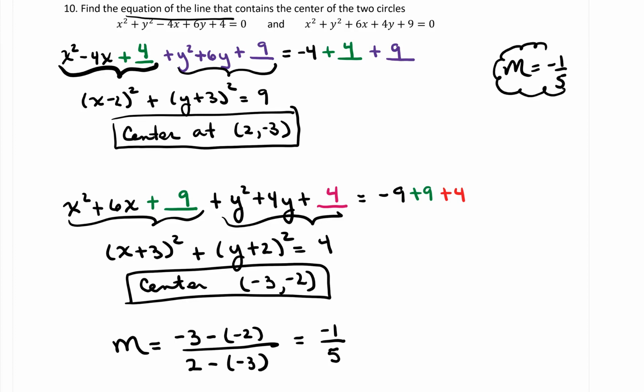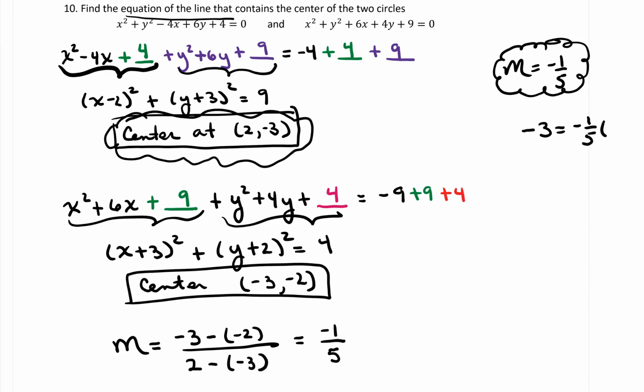And we want to use one of our points to find the equation of the line. I'm just going to use my first point, and I'm just going to plug this into y equals mx plus b. And so if we do that, our y value is negative 3 equals our slope, negative 1/5, times x, which is 2, plus b. So I get negative 3 equals negative 2/5 plus b. Getting b by itself, I would add 2/5 to both sides, but I'm going to need a common denominator with this negative 3, which will be 5.